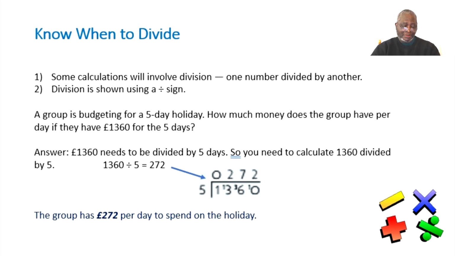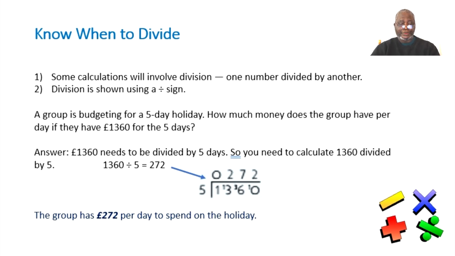So the 5 is outside the division line and the amount you want to divide is inside, and then you put your answer at the top. So 1 divided by 5 you cannot, so you need to do your division step by step, starting from the highest value, which is your 1000.